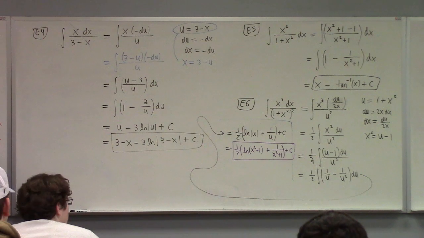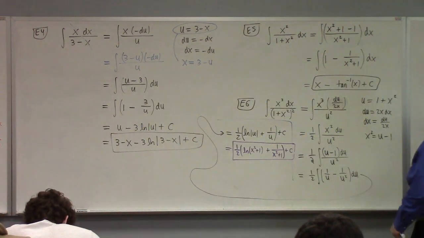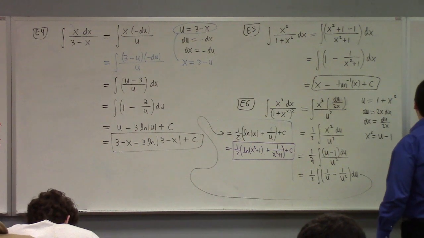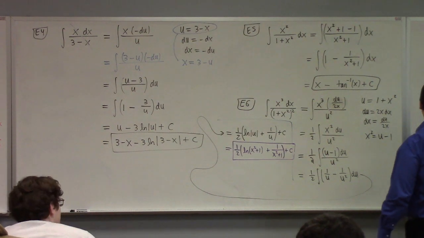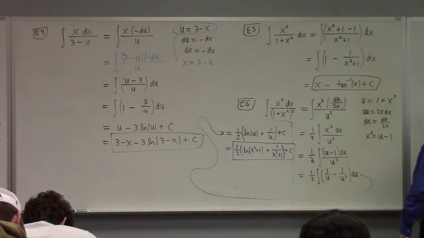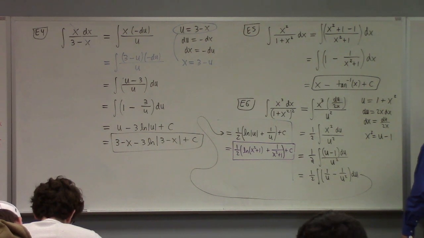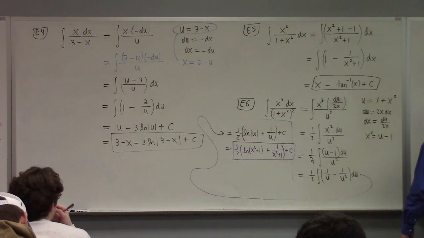So let me show you what I'm talking about. Here, example 7. For instance, we might have the integral, let's say from 0 to 1 of x squared dx over 1 plus x squared, right?